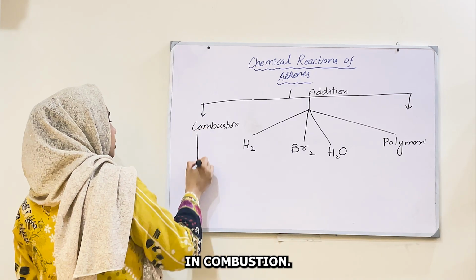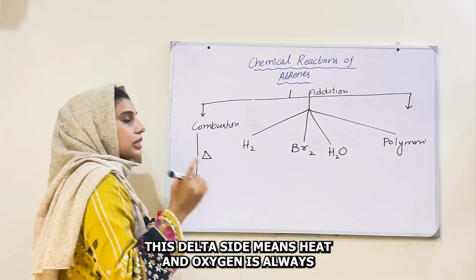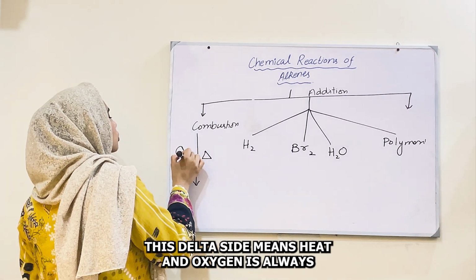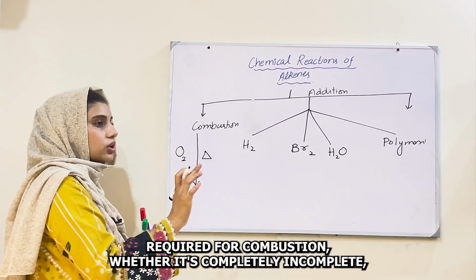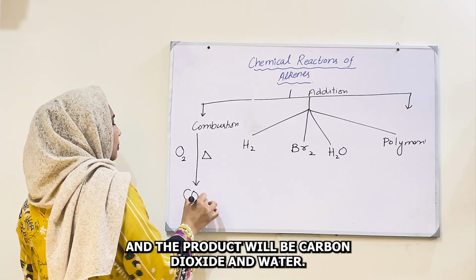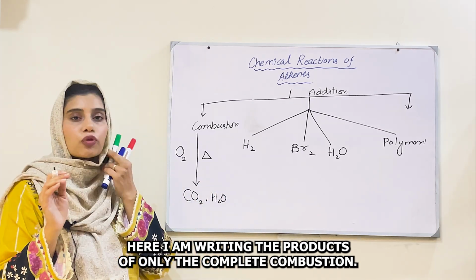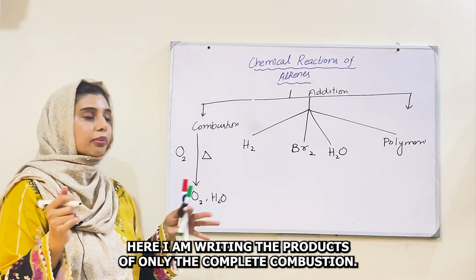In combustion, we provide heat. This delta sign means heat, and oxygen is always required for combustion, whether it's complete or incomplete, and the product will be carbon dioxide and water. Here I am writing the products of only the complete combustion.